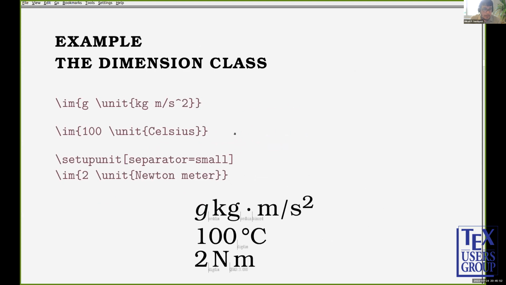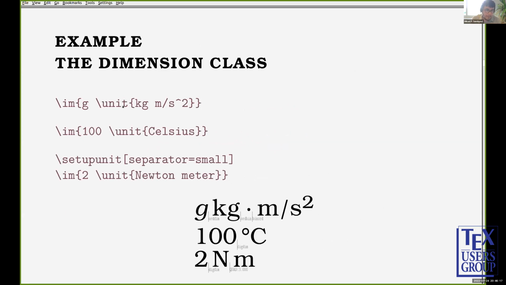Another example: ConTeXt has had units and a unit module for a long time. What we did here was merely to say that if we use a unit and we have something in front, then maybe the spacing between what's in front and the unit could be handled by this math spacing.